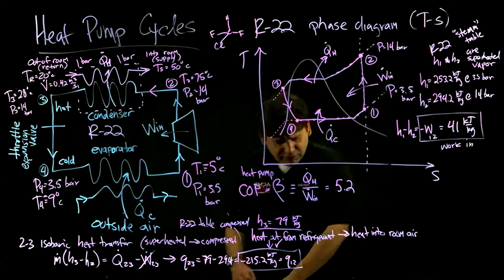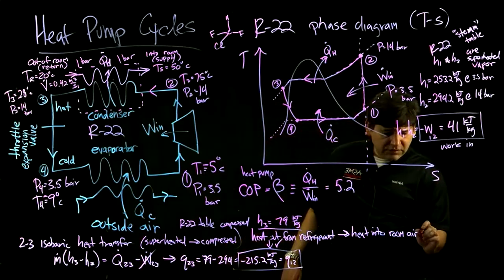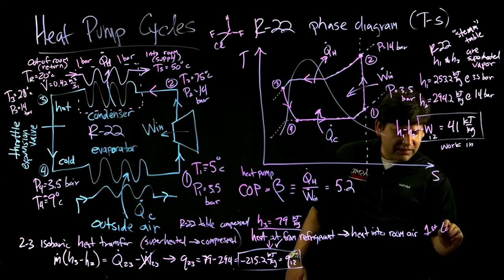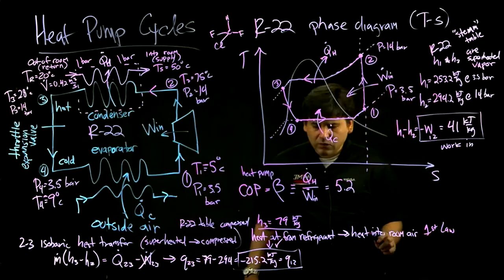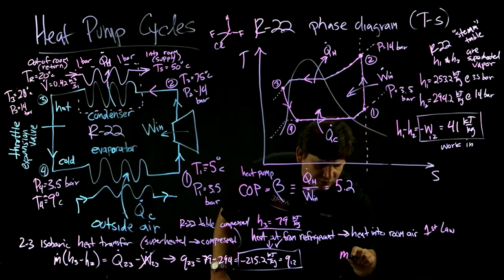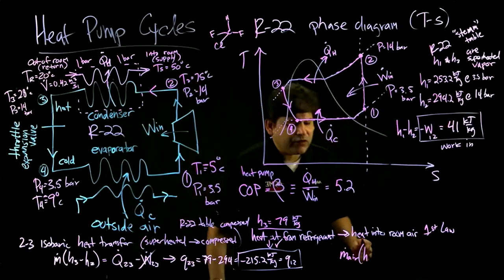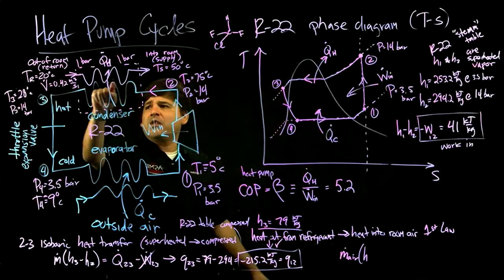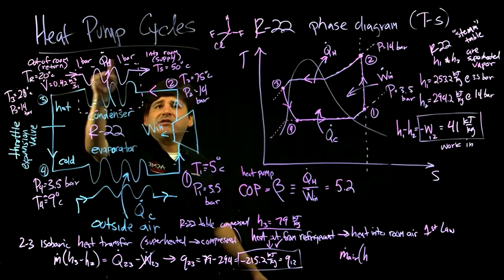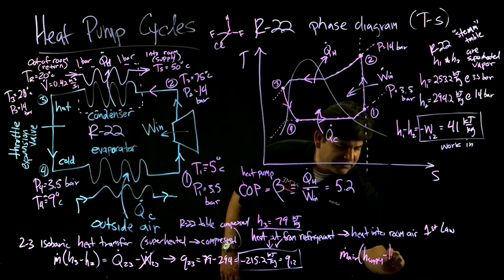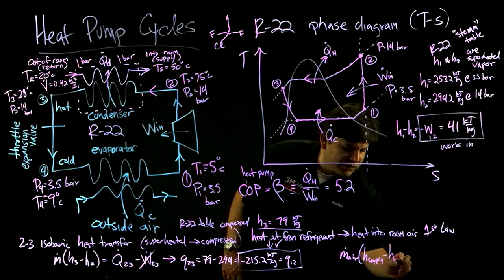So, heat into the room air. Let's do the first law here. The heat into the room air would be the mass flow rate of the air times the enthalpy change from the return side to the supply side. So that would be the enthalpy of the supply minus the enthalpy of the return air.